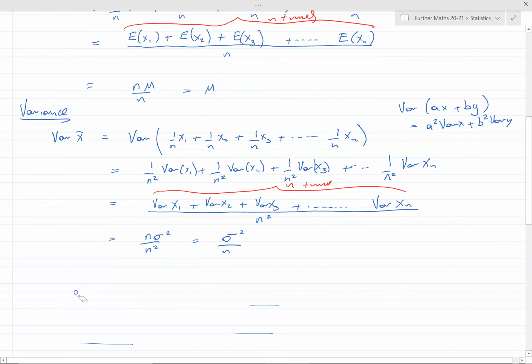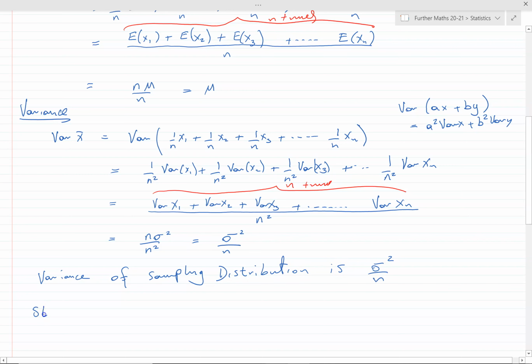So the variance of the sampling distribution is sigma squared over n.